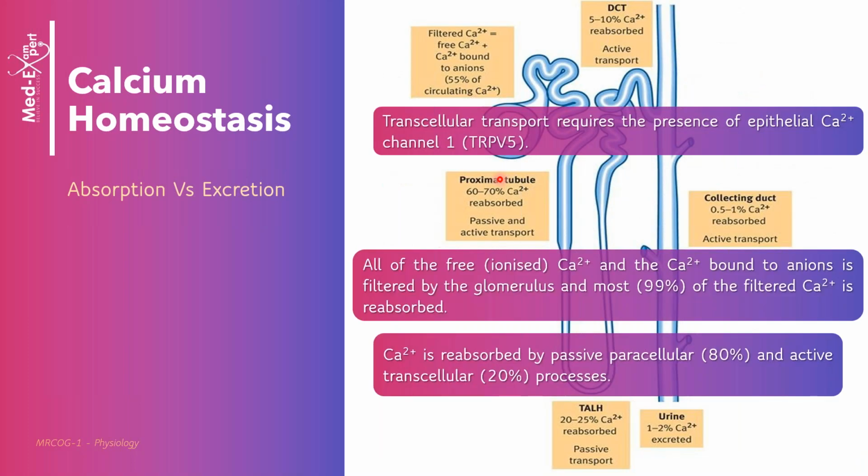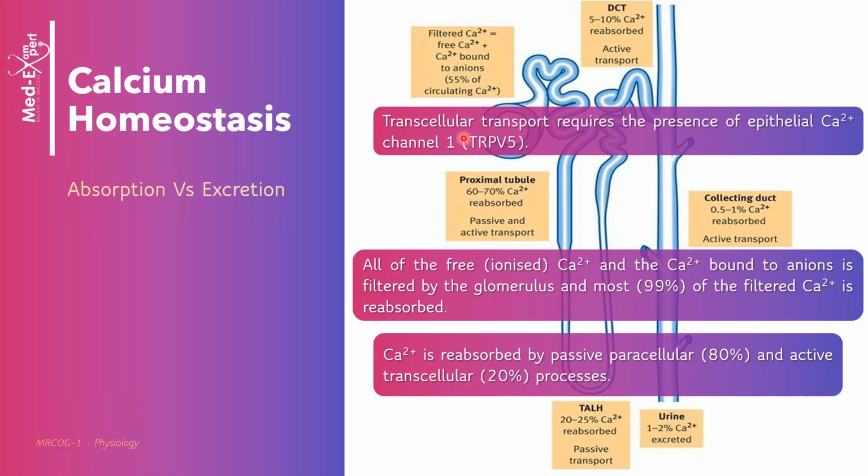This is regarding the excretion. We have to know that all of the free ionized calcium and the calcium bound to anions is filtered by the glomerulus, and most of the filtered calcium, 99%, is reabsorbed. Also, reabsorption occurs by two routes, the paracellular route and the transcellular route.